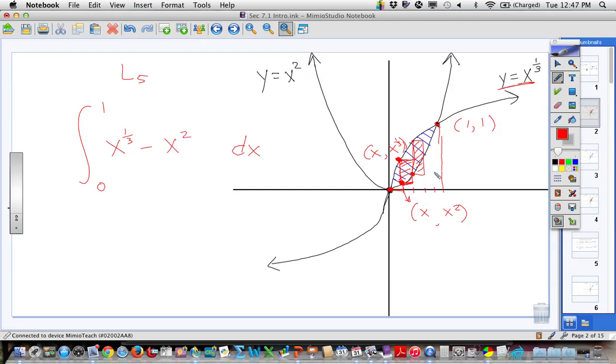So we take the top y value minus the bottom y value. And notice every single strip I draw in here, the top y value is going to be x to the 1/3, and the bottom y value is going to be x squared. So there it is, right there. Top minus bottom. Type that into your calculators real quick and see what we get.